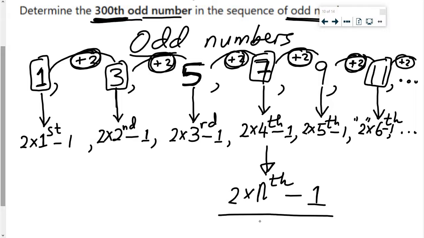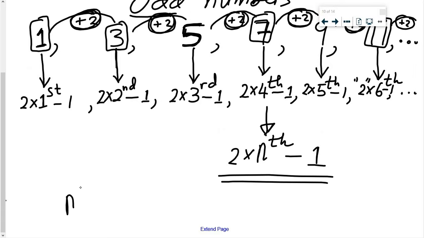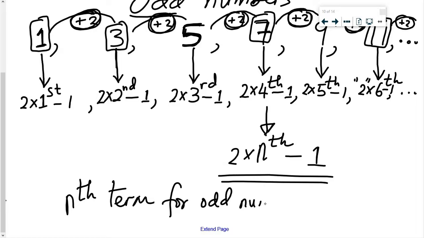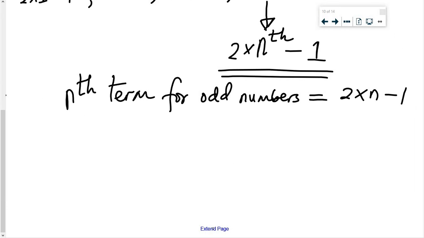So the nth term will be 2 into n minus 1. So your nth term for odd numbers will be 2 into n minus 1.